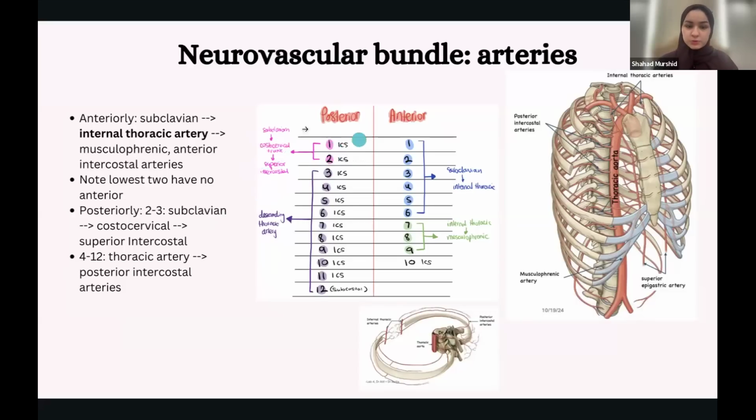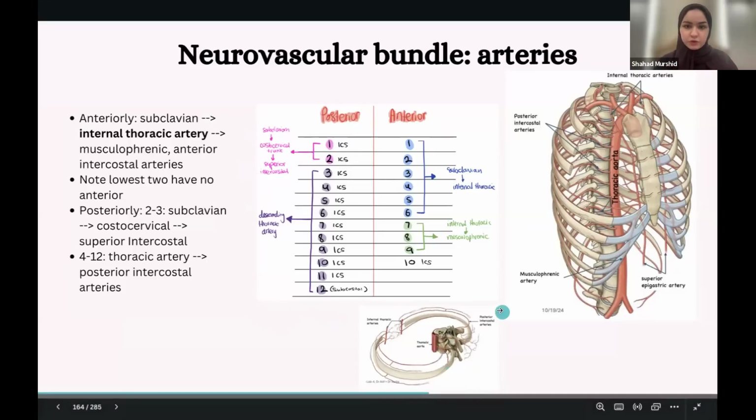This is the superior intercostal supply. And then moving forward, the rest of them are supplied by the descending thoracic aorta. And this is for the posterior supply. So again, generally, anteriorly is by the internal thoracic, posterior is by the thoracic aorta.